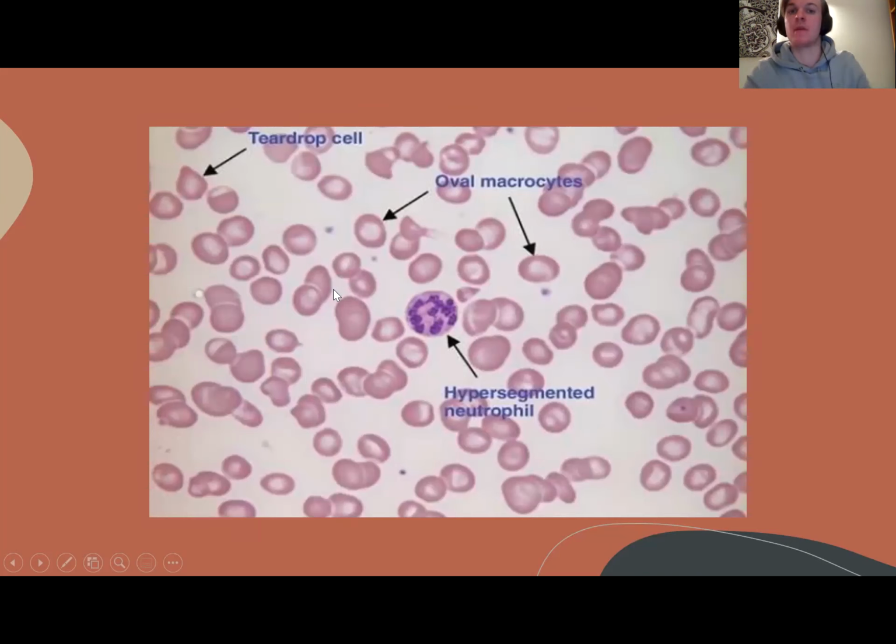So if you're seeing big red blood cells with a hypersegmented neutrophil like this, that's your giveaway for megaloblastic anemia. And seeing this written or seeing this image is going to give you a giveaway for B12 or folate deficiency.